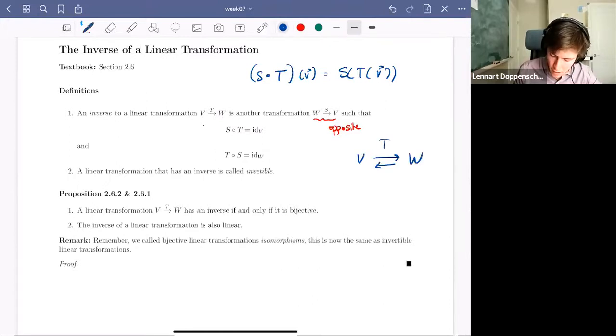This is T, and then S is going the opposite way. So it's working against it. If you compose them, then it doesn't do anything to v.